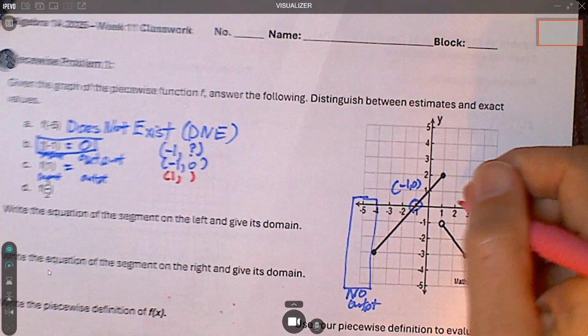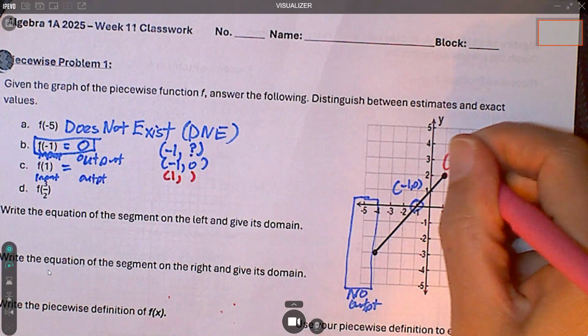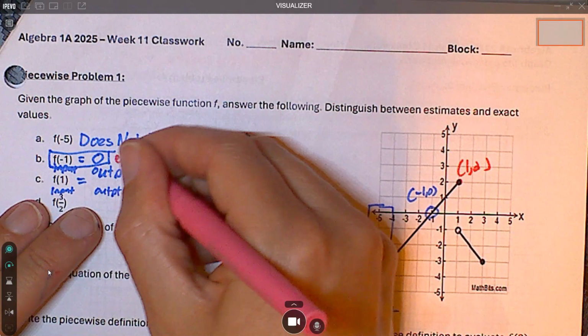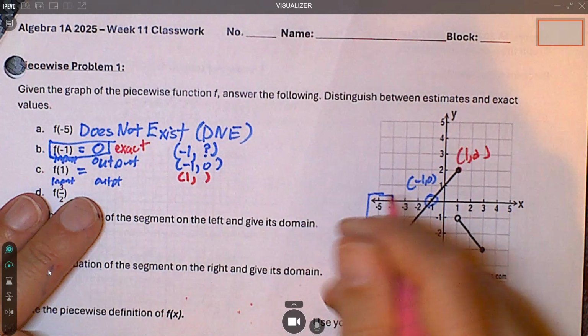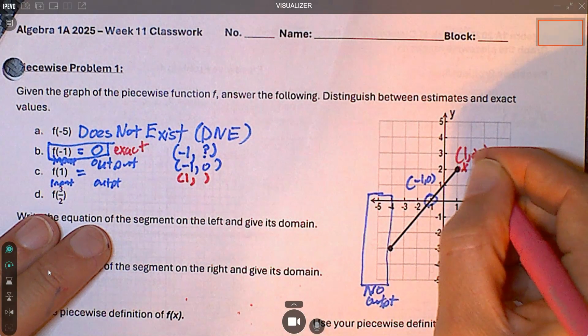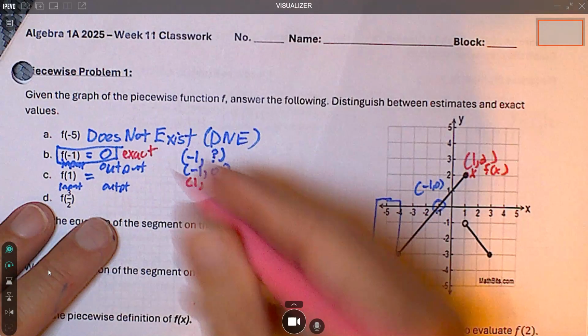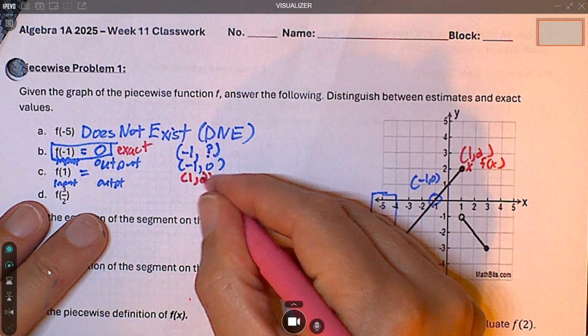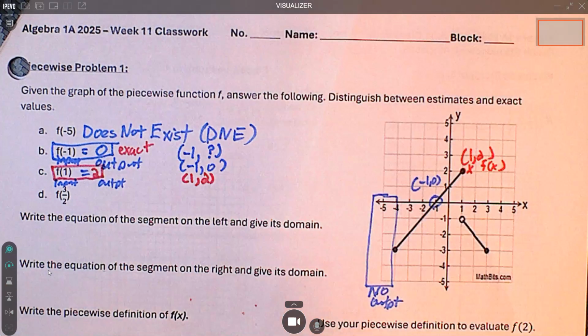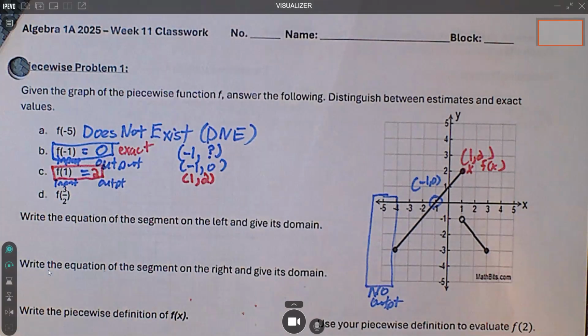Okay, we got 1, 2. This one was exact. We knew exactly what it was. So it'd be 1, 2. Again, that's exact.